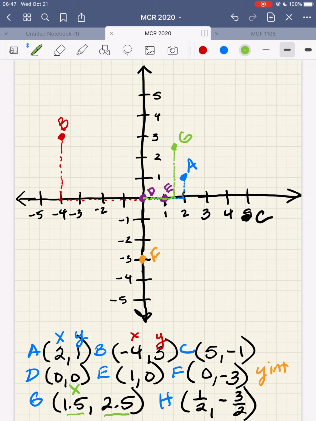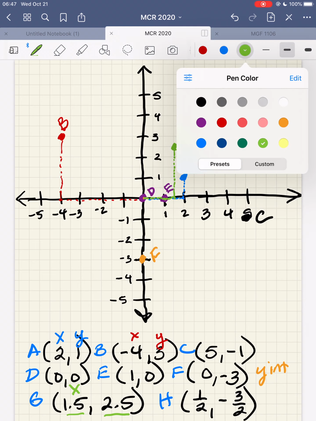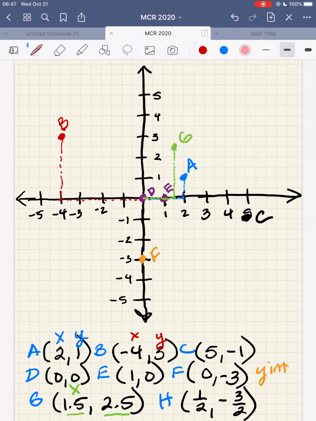And we are going to have an activity where you're going to graph things with halves and decimals. Last one I'm going to do here is H. H is fractions. That's okay. So if I look at 1/2, that means I go on the x-axis just to 1/2. I don't go to 1. Now I have a negative, so I know I'm going down. And I have 3/2.